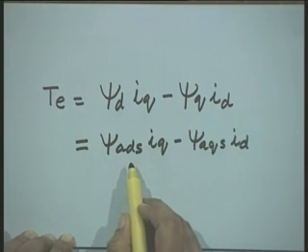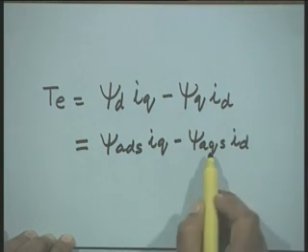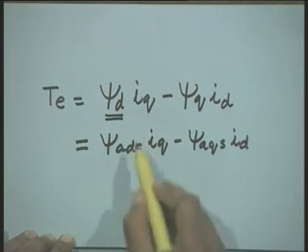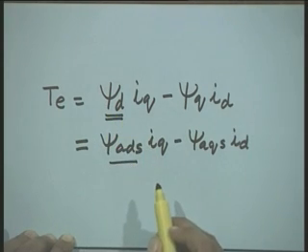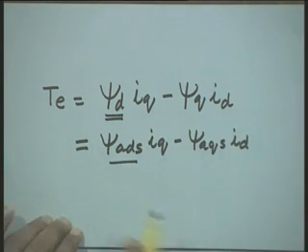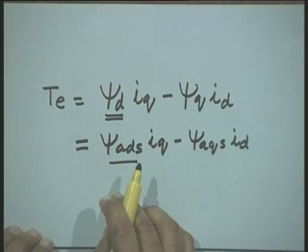We will be considering the saturated value of these flux linkages, and the difference between this and this term is the leakage flux, which is not contributing towards the air gap torque. Now, we want to linearize this equation.